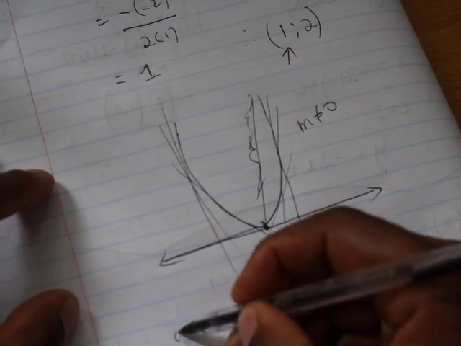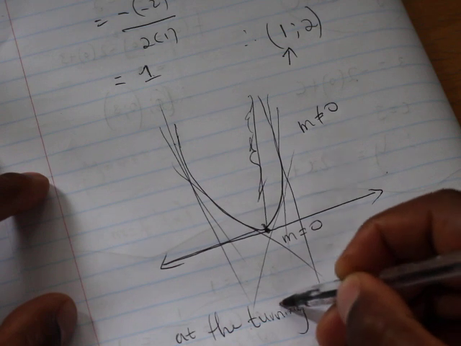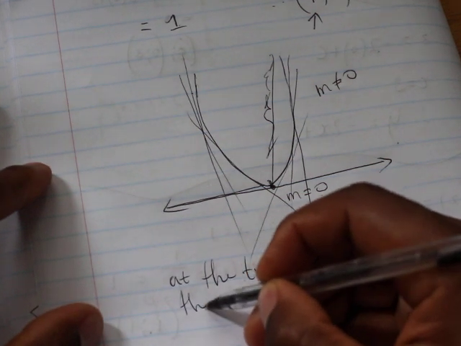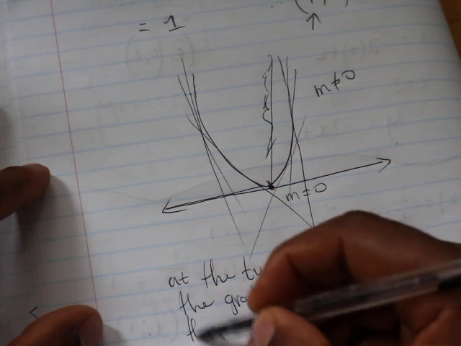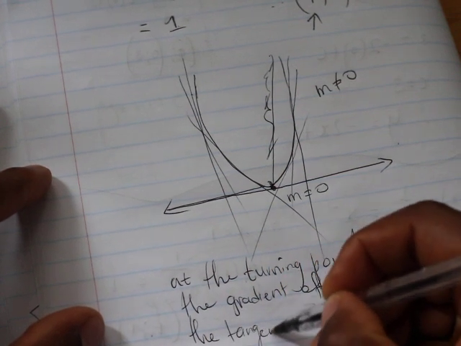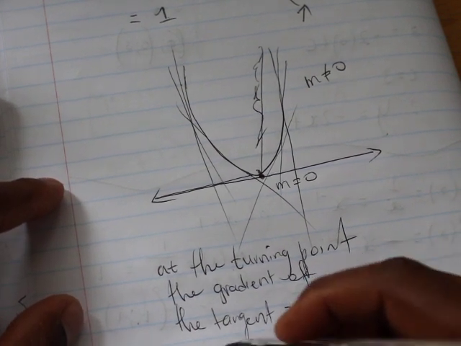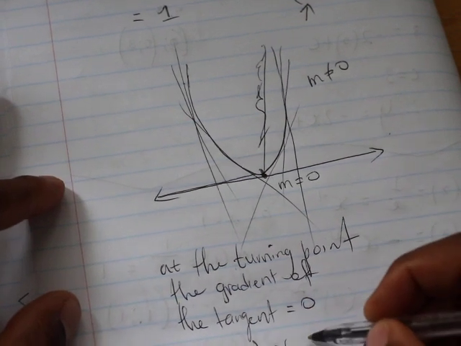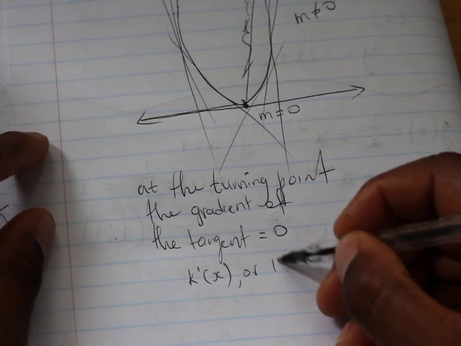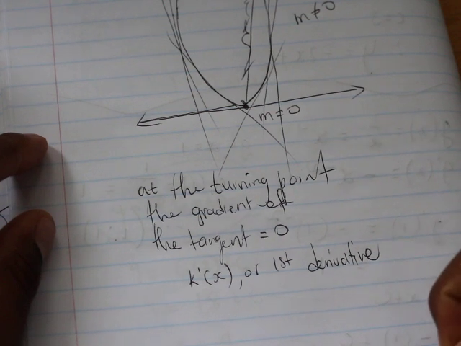So write this down. At the turning point, the gradient of the tangent is equal to 0. But what is the gradient of the tangent? I hope you said k prime of x, or the first derivative, right?